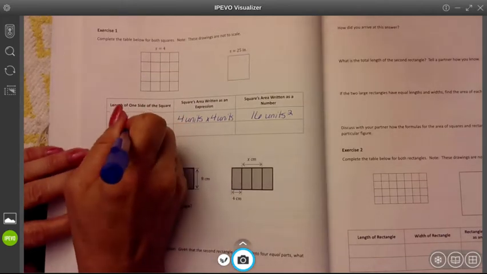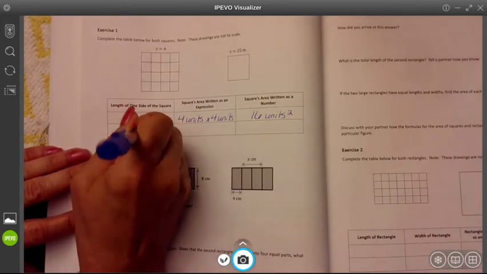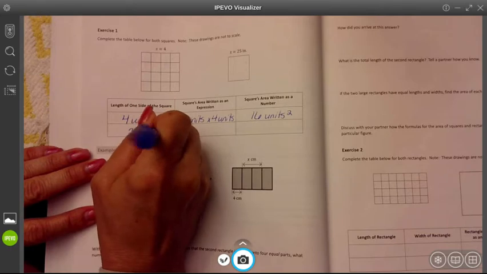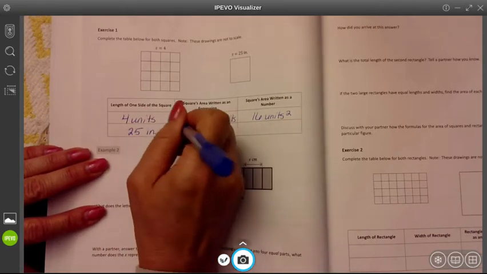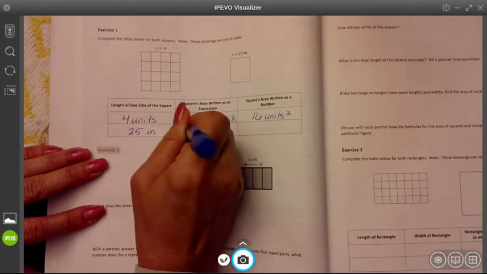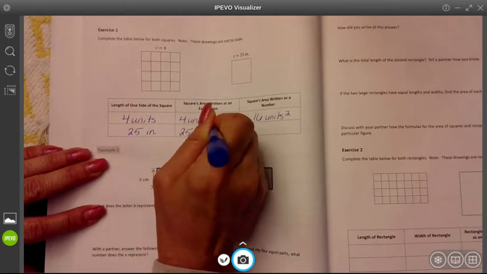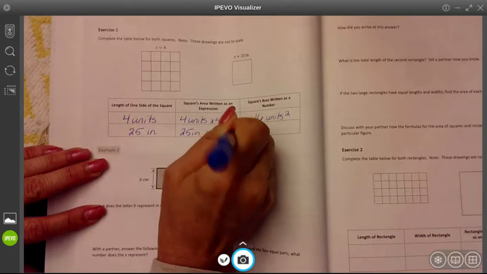Okay, so length of one side of that square is 25 inches. Square's area written as an expression would be 25 inches times 25 inches.